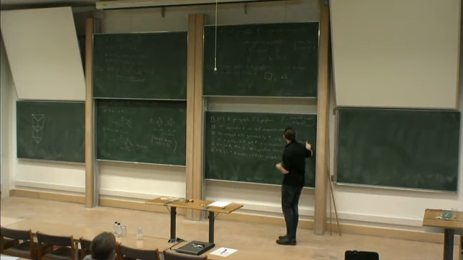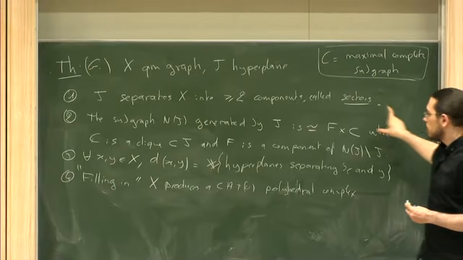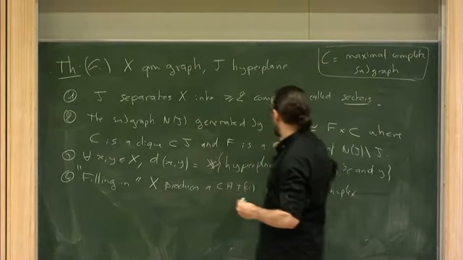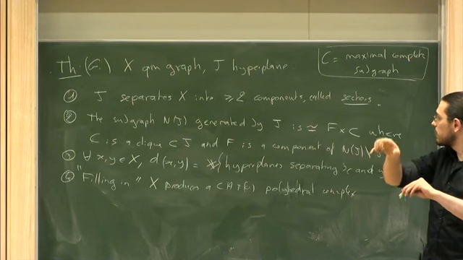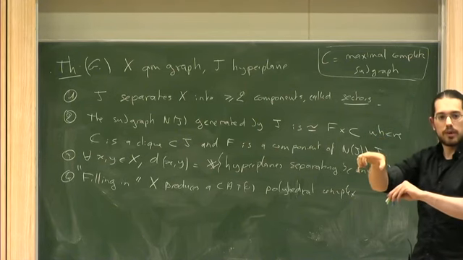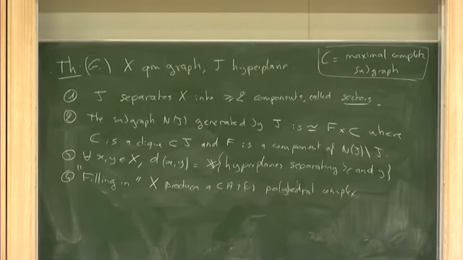And the second point is that if I look at the subgraph generated by the hyperplane, so I just take my hyperplane and I add the edges with endpoints inside my hyperplane, this subgraph must be naturally a product. If I take the blue hyperplane, the subgraph generated is just the three blue edges and this triangle and this one.